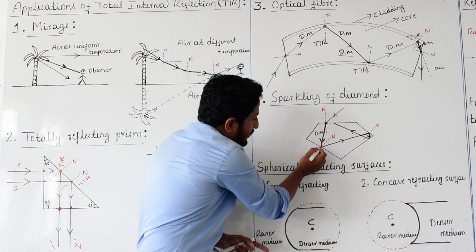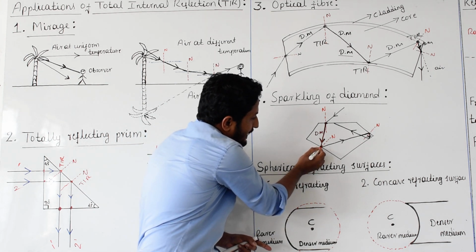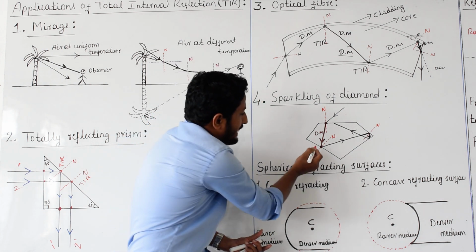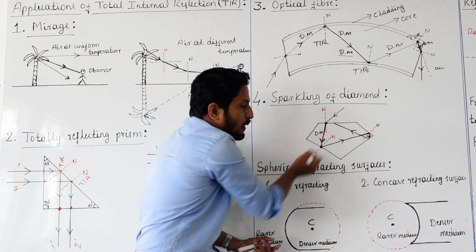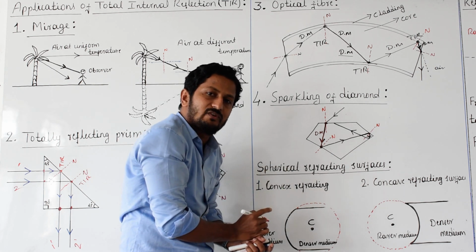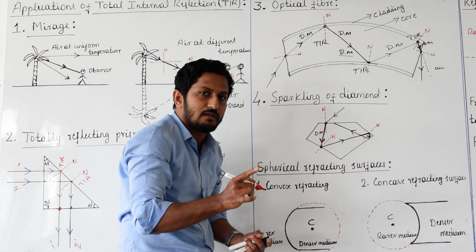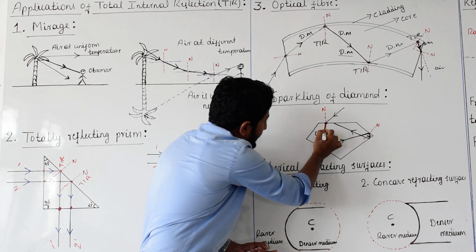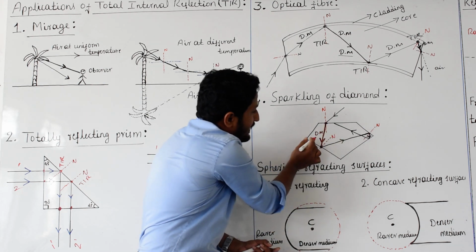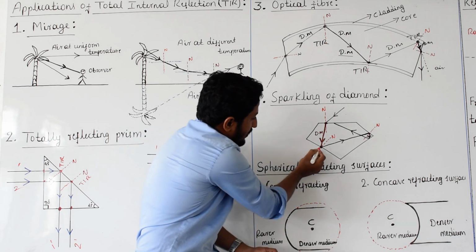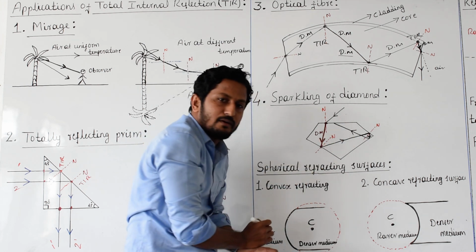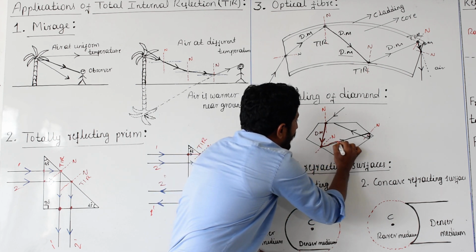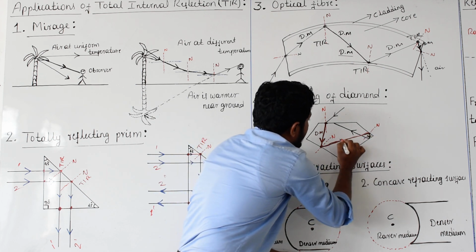It got incident here on this interface at this point. To that point, again you have to draw one perpendicular line which we call the normal. Yes, this is the normal. This is the incident light ray coming through that denser medium. It got incident here. What happened? That incoming light completely bounced back along this direction.